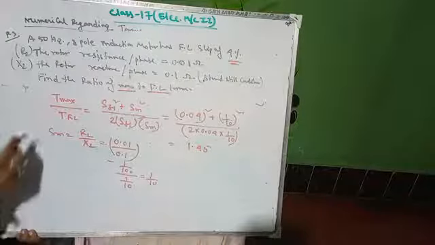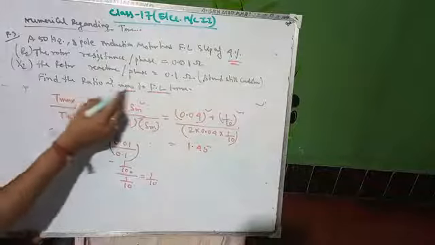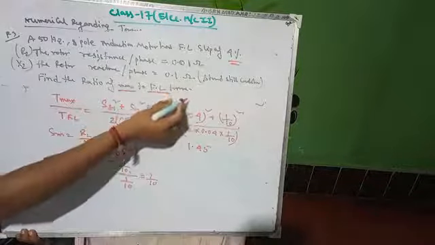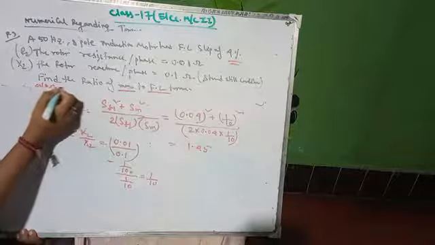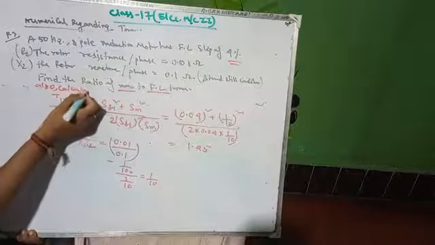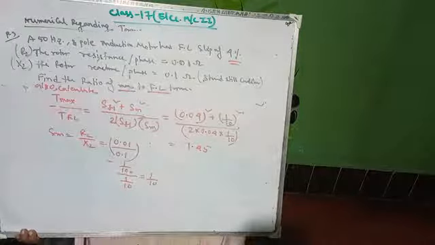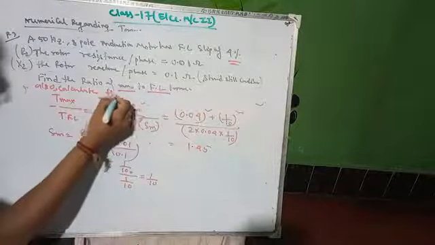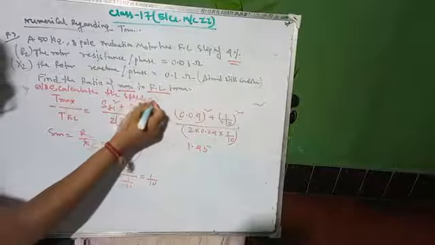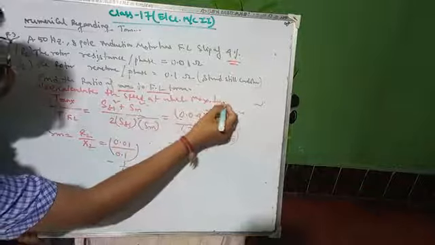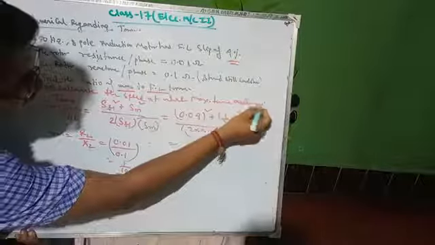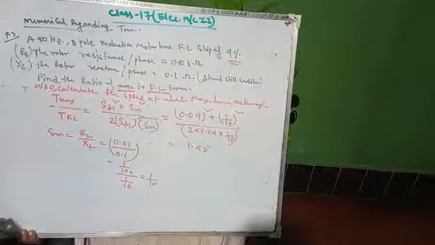Now, if in this question, after asking to find the ratio of maximum to full load torque, they add an extra question: also calculate the speed at which the maximum torque is achieved.